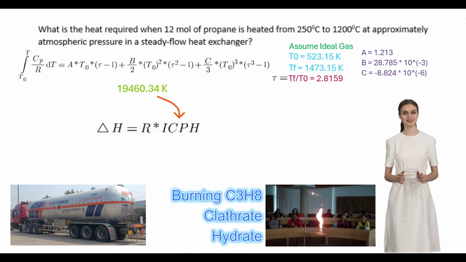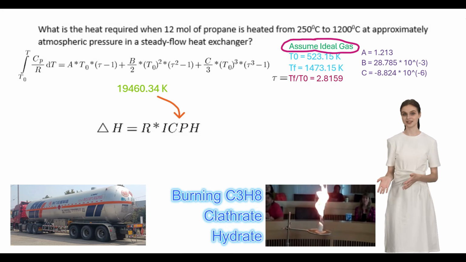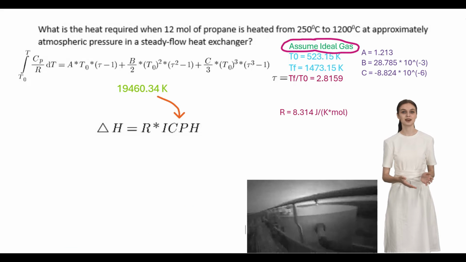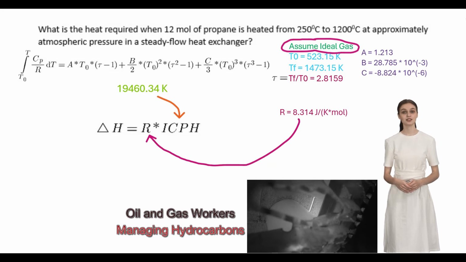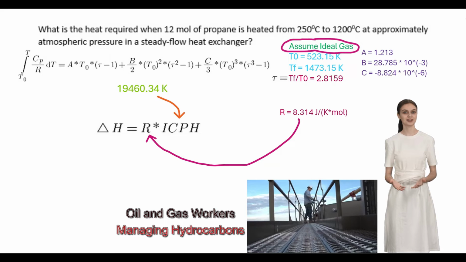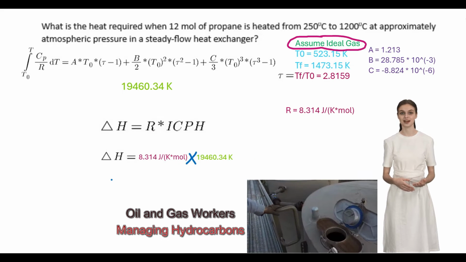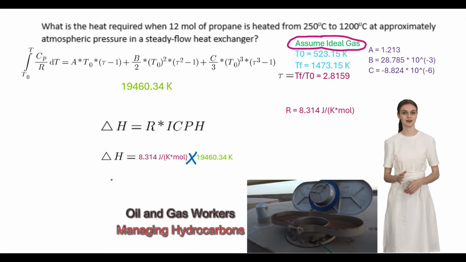You have the derived value from the ICPH function. Because of the assumption of ideal gas, the ideal gas constant can be used, which is 8.314 joules per Kelvin mole. This can be inserted into the enthalpy equation. Enthalpy equals 8.314 joules per Kelvin mole times 19,460.34 Kelvin.